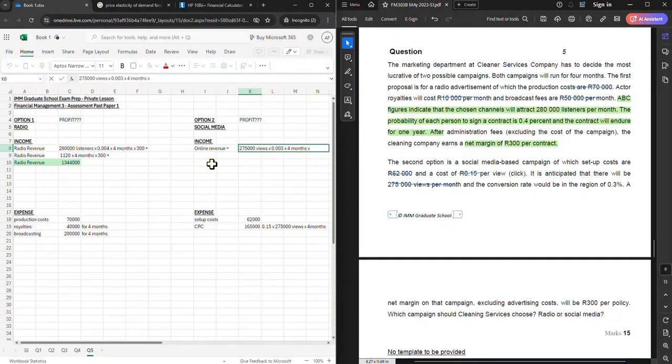Is it the same? I think it's on the next page. I see it here on the next page. Okay, that's good.